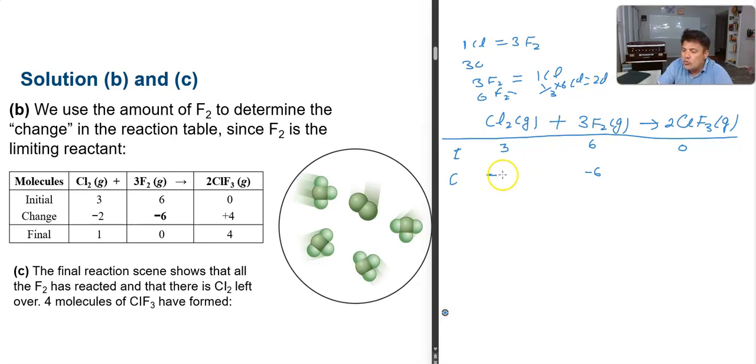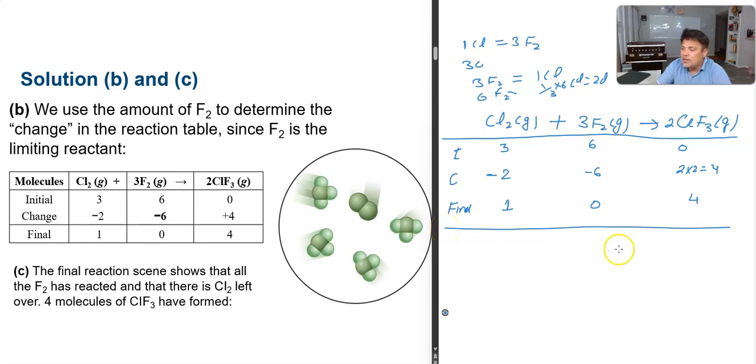That's why 2 chlorine will be changed here. 1 chlorine equals 2 product, means that way you have used 2, so 2 times 2 equals 4. The final: 3 minus 2 equals 1. This is 0, this is 4.